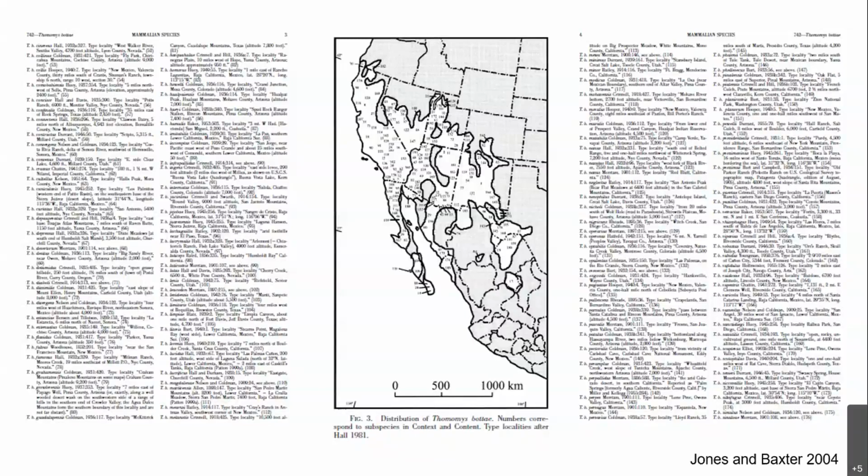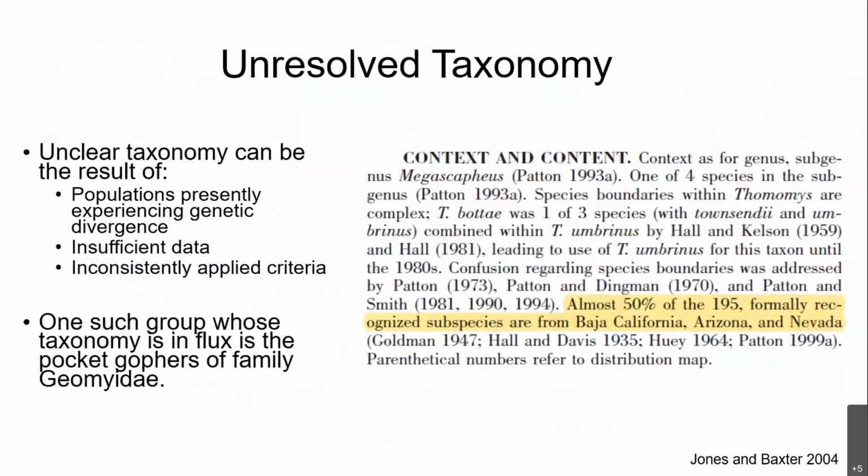You don't have to try to read that. Imagine trying to study all the subspecies for a test. It would get confusing very quickly. So unresolved taxonomy, which if you have over 200 subspecies, it's going to happen, can be the result of populations experiencing genetic divergence at present, insufficient data or data that's not up to par, or inconsistently applied criteria using different methodologies across different researchers.